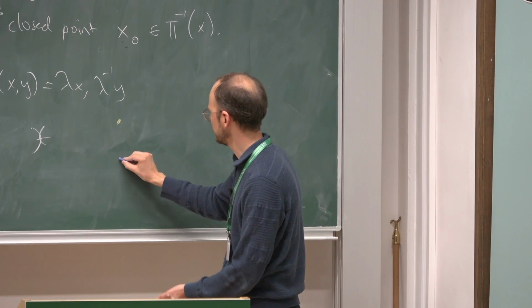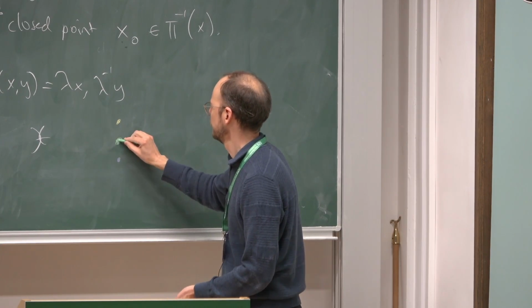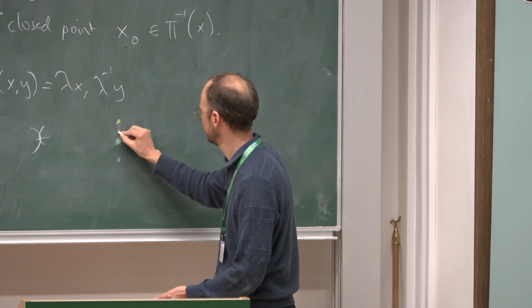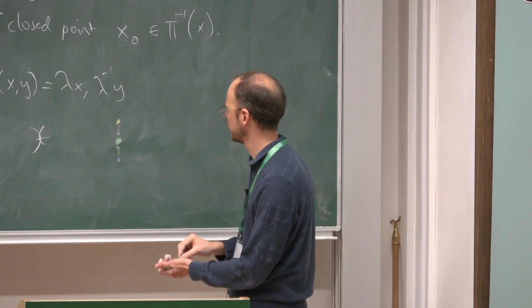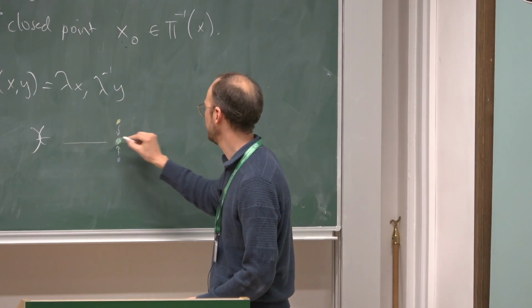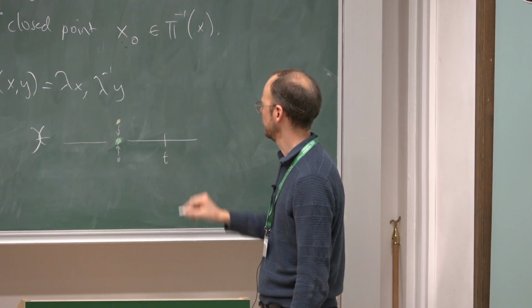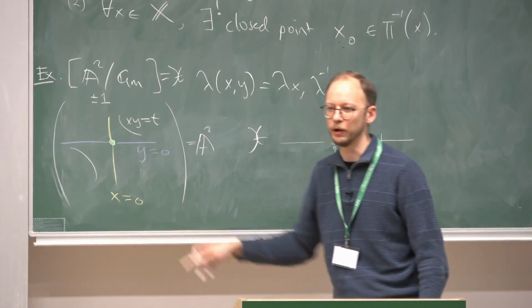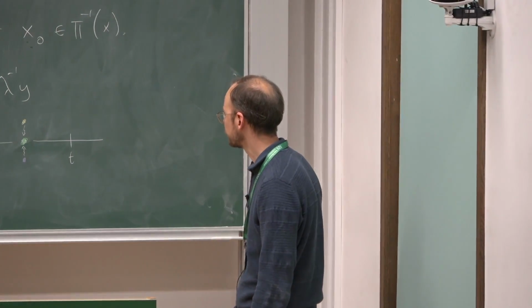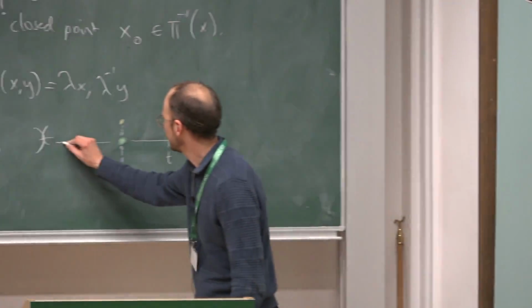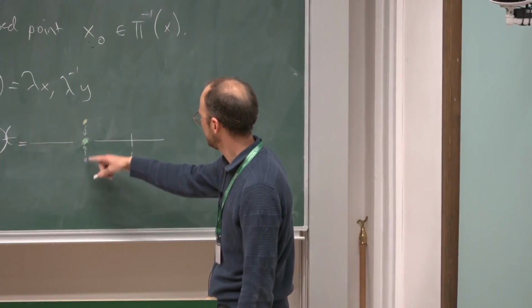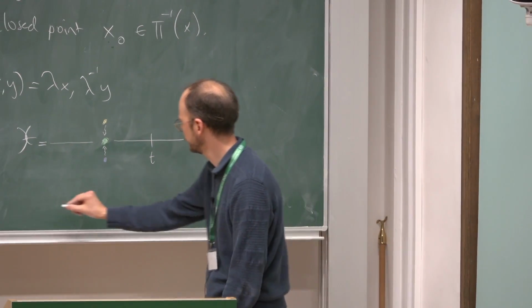We now see that these yellow and purple orbits are specializing to this green orbit. They are not closed, they're just locally closed. And then I have all these other orbits, which are, for some t, the hyperbola xy equals t. So this is the picture of the stack, and you see that we have 3 points.